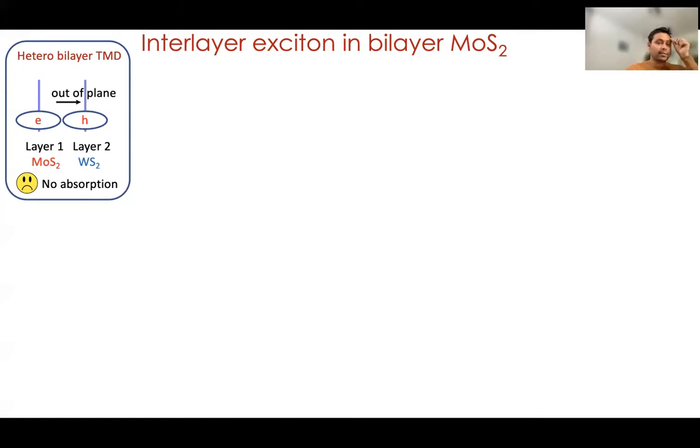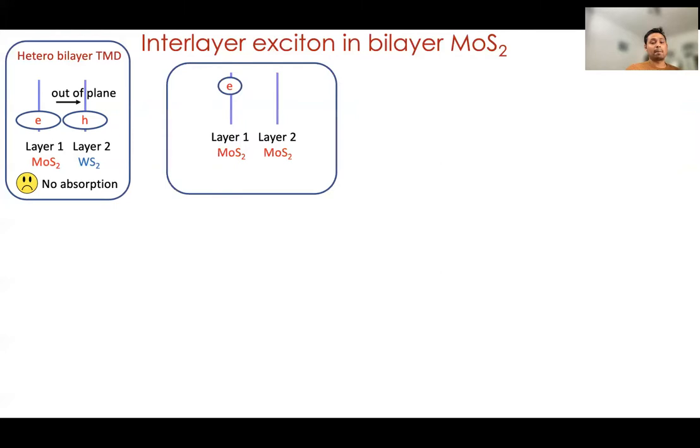Because of that, the resultant excitons attain a permanent out-of-plane dipole moment. While it's very good to tune the energy of this exciton by an external electric field, it typically has very poor oscillator strength, and hence it does not absorb light, which is no good for making polaritons.